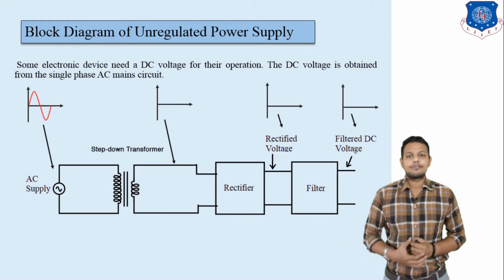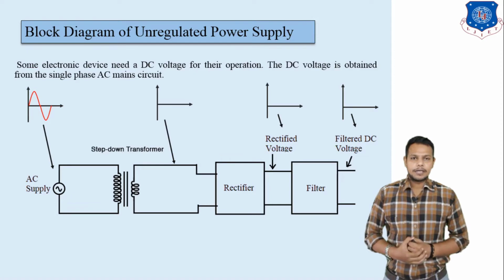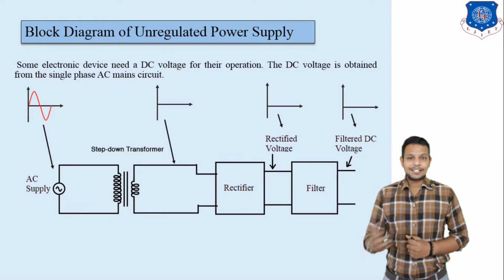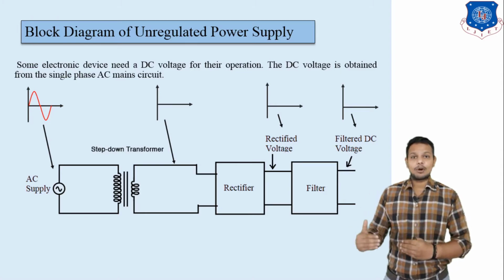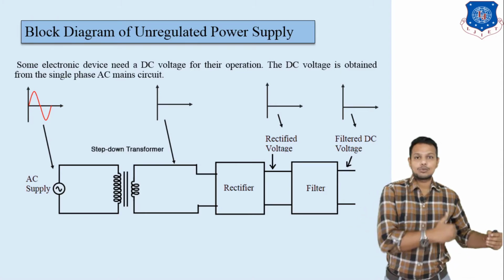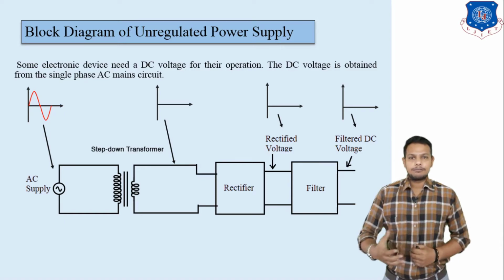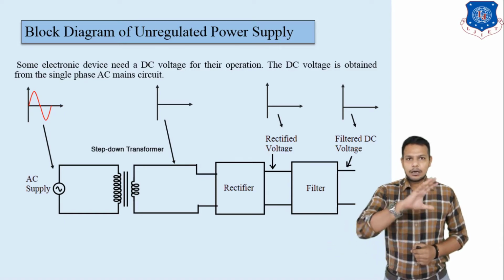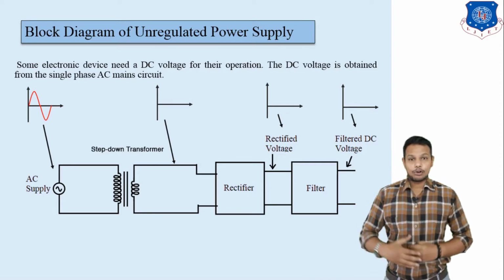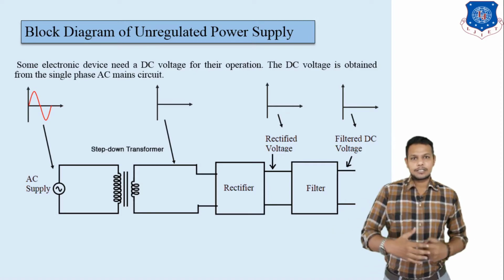So what is a rectifier? A rectifier converts AC to DC. This is the first step of conversion of AC to DC. After that we have to do filtration of that waveform. This is the unregulated power supply for the process of AC to DC.